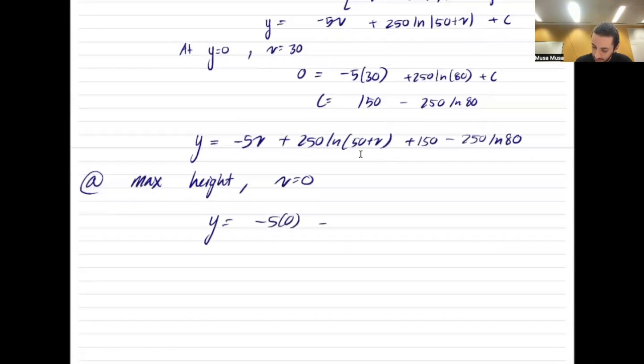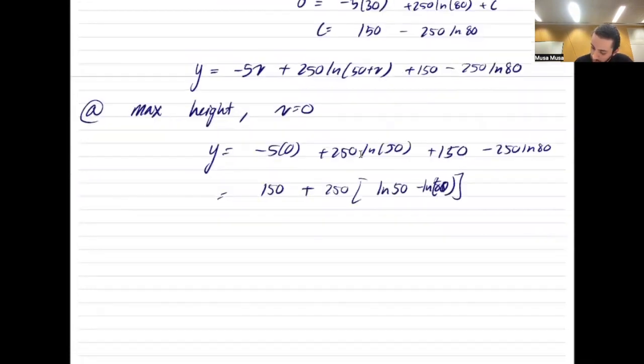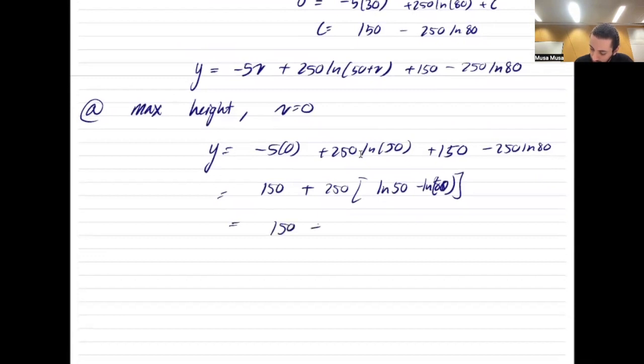Minus 5 times 0 plus 250 ln of 50 plus 150 minus 250 ln 80. Cleaning this up, we get 150 plus 250, and I'm going to take a bracket out, ln of 50 minus ln of 80. This is 150 plus 250 ln of 5/8.